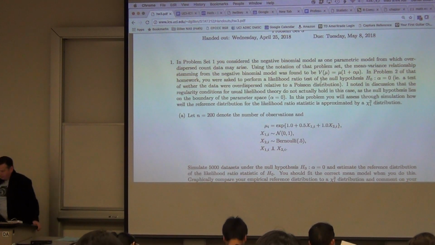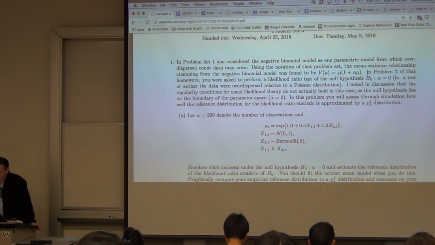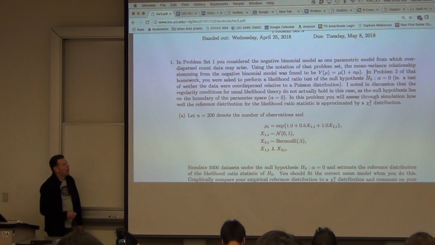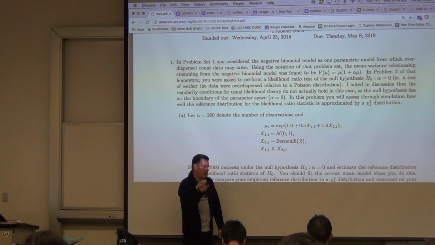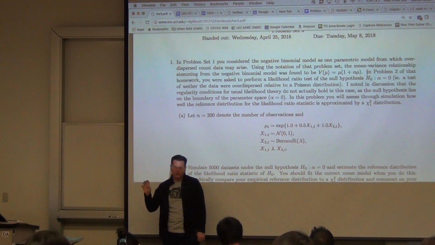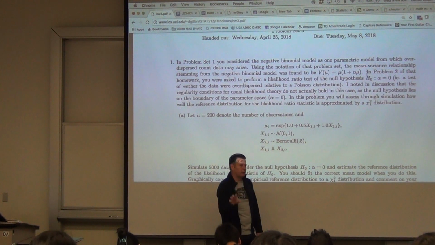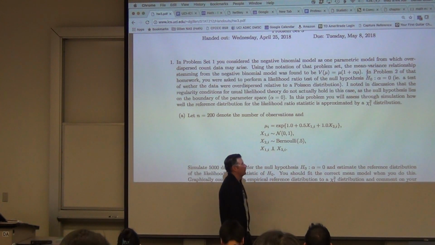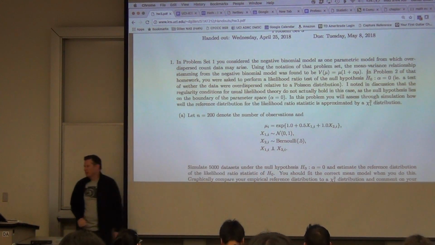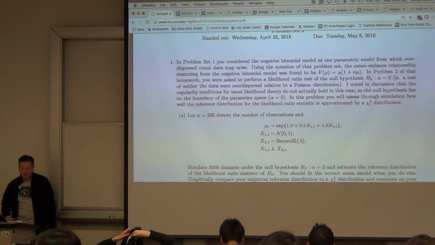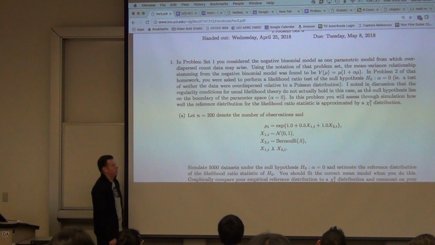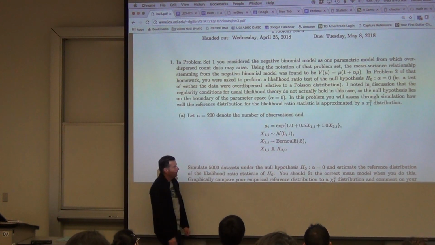And then in problem 2 of homework 1, I said, look, analyze the melanoma data and then fit a negative binomial model and do a likelihood ratio test of whether this thing is overparameterized relative to a Poisson distribution. That really comes down to saying I wanted you guys to do a likelihood ratio test of the null hypothesis that alpha is equal to 0 in that case.